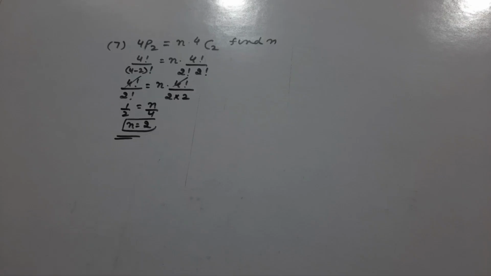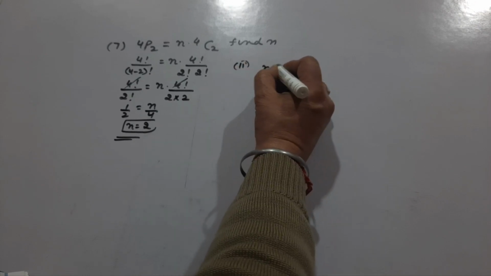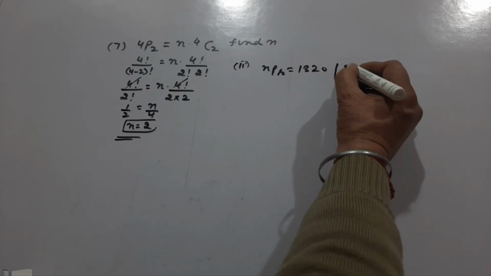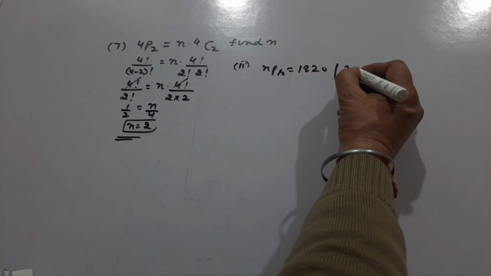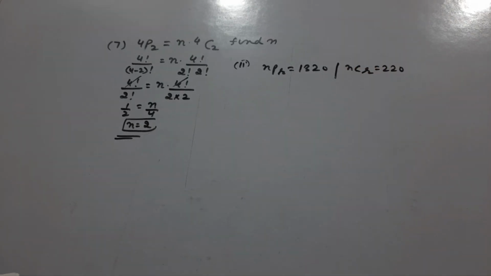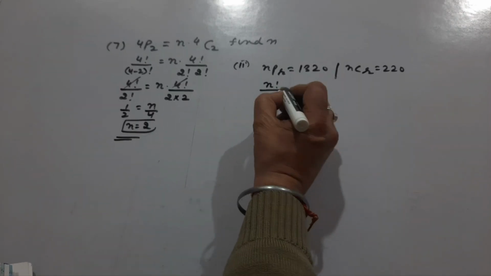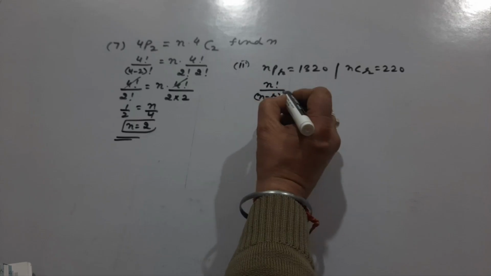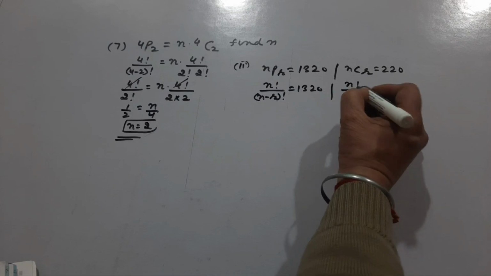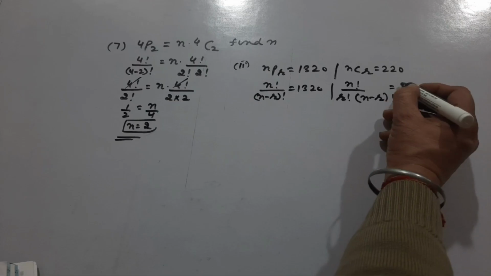And similarly, the second part: nPr equals 1320 and nCr equals 220. So find the value of n and r. nPr is n factorial upon (n minus r) factorial, equal to 1320, and nCr is n factorial upon r factorial, (n minus r) factorial equals 220.